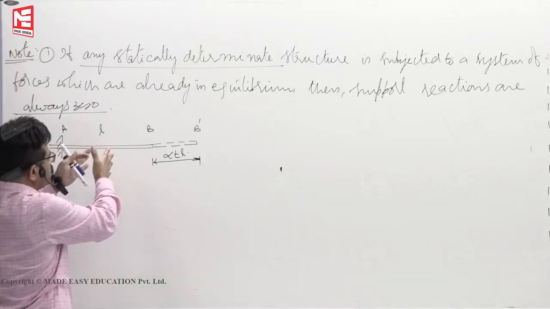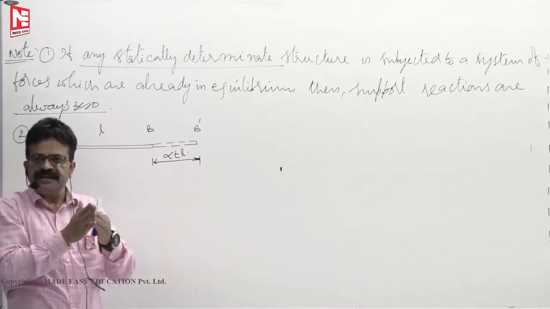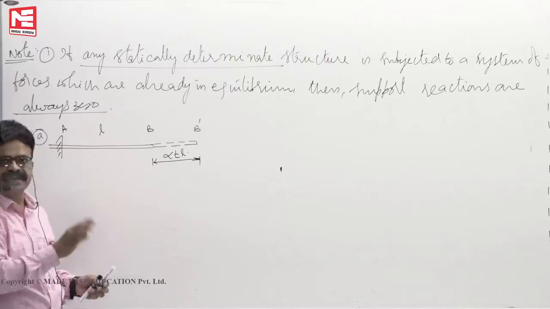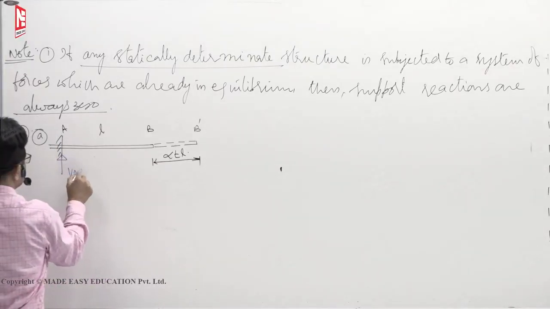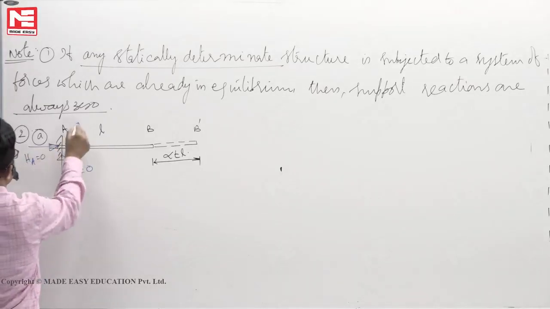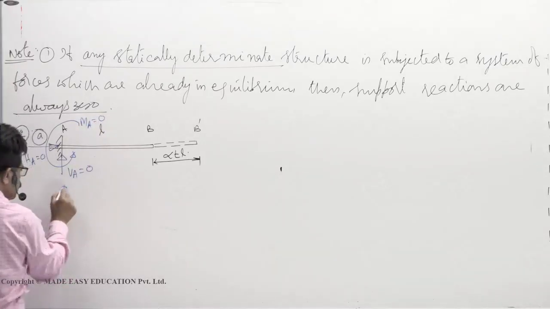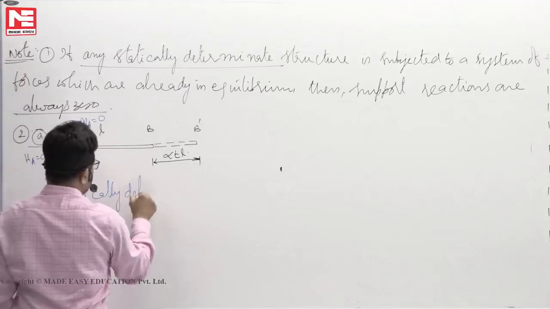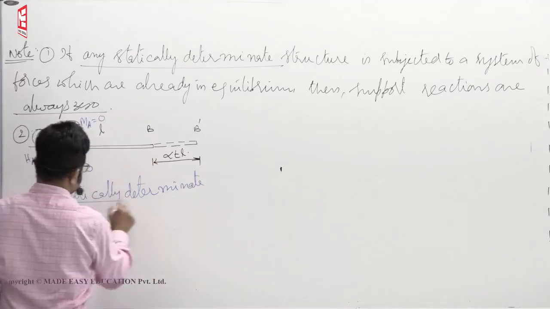You heat it, it will expand because of the intermolecular activity. For that expansion, this support will not react. That means vertical reaction is 0, horizontal reaction is also 0, moment at A is also 0. This will happen only for a statically determinate structure.